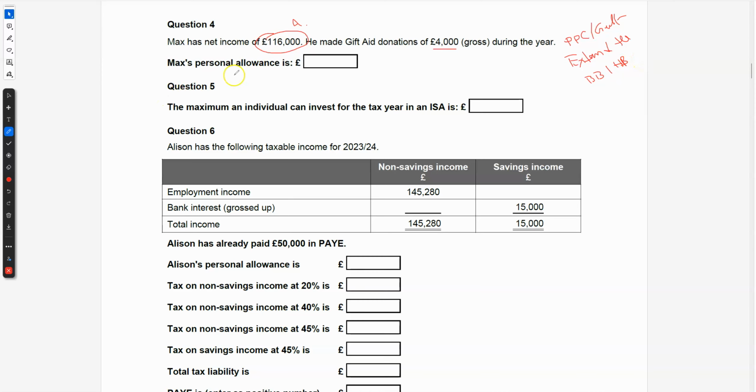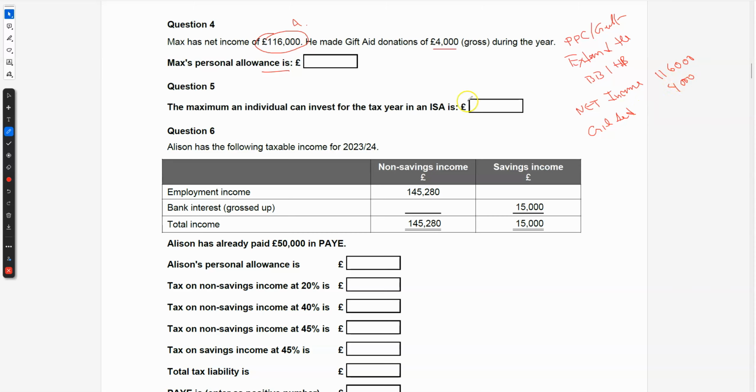Anyway, so let's have a look. Maximum personal allowance, so how much personal allowance he will be entitled to. So let's have a look. The net income, the question said 116. So net income 116,000, and from here we need to minus the gift aid donation. So gift aid 4,000.